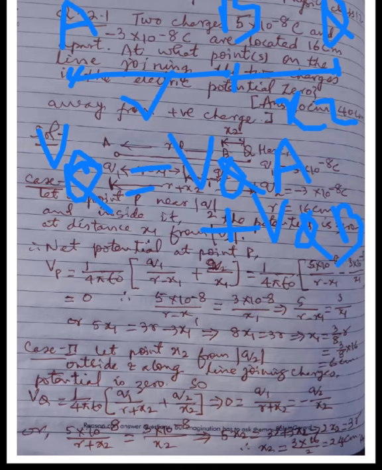VQA is 1 upon 4 pi epsilon naught times charge at A divided by the distance of Q from A, plus 1 upon 4 pi epsilon naught into charge at B divided by the distance of Q from B, and after calculation the answer is 24 centimeter from the negative charge.